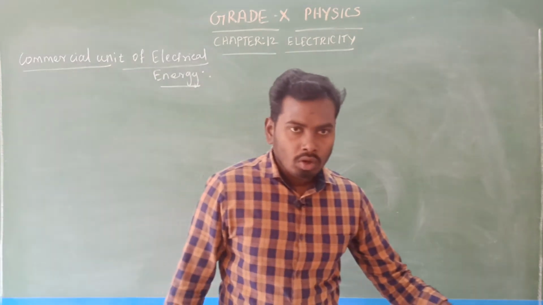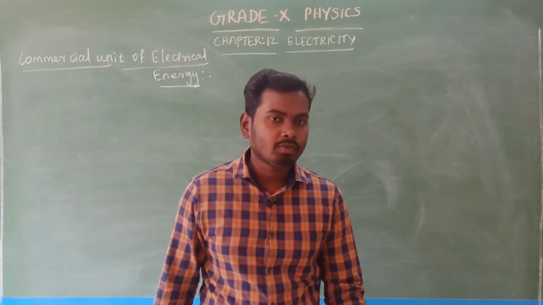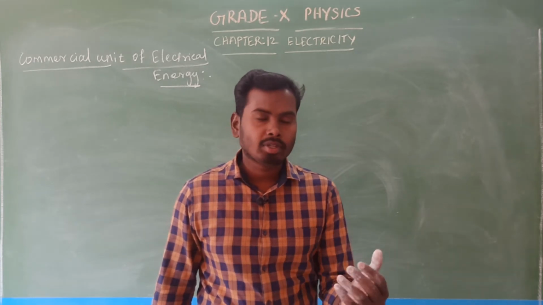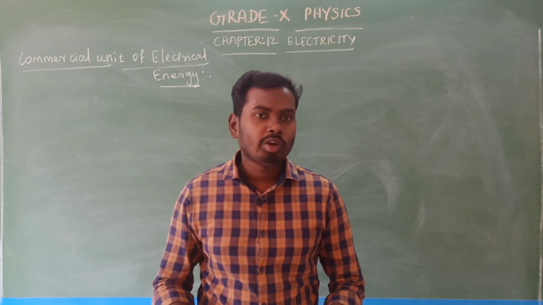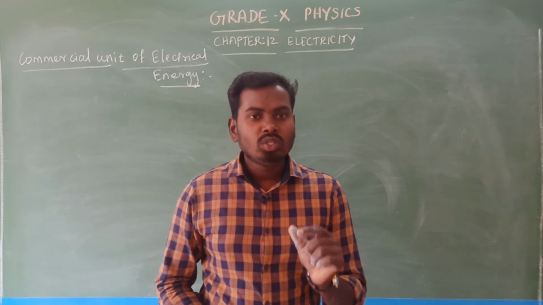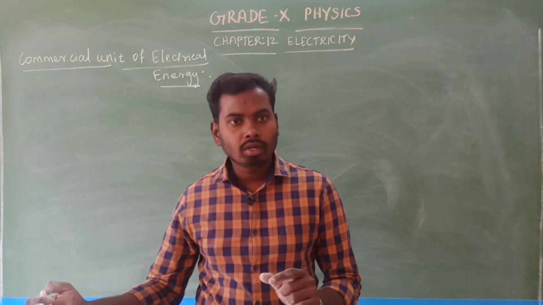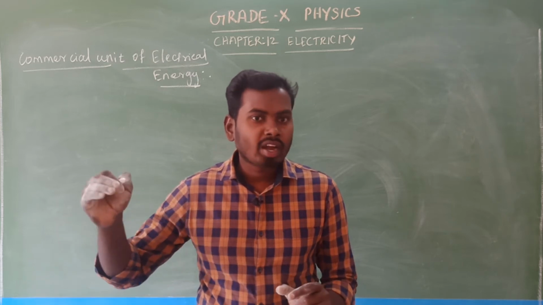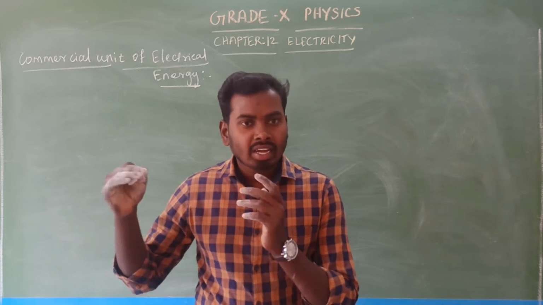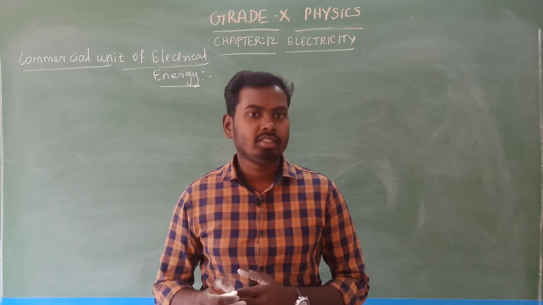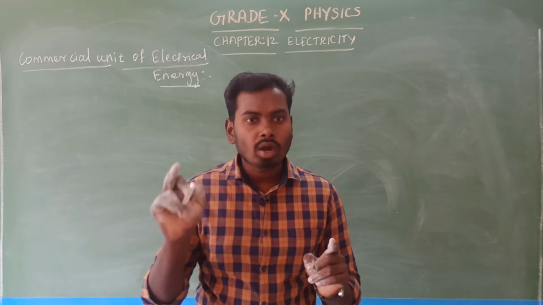Okay, so now we have seen the commercial unit of electrical energy. Why do we need a commercial unit of electrical energy? Because 1 joule is a very, very small unit, so we cannot use that formula to calculate the electrical energy. It is inconvenient, because 1 joule is equal to 1 watt into 1 second.